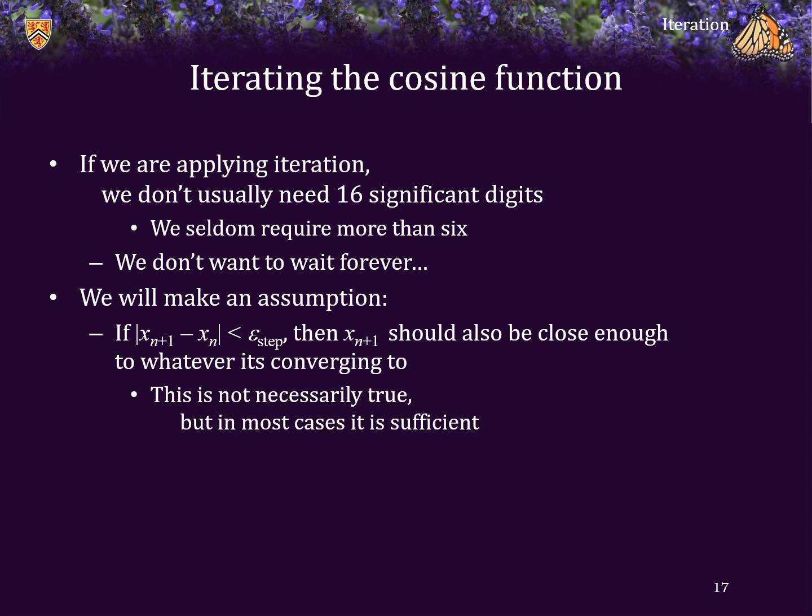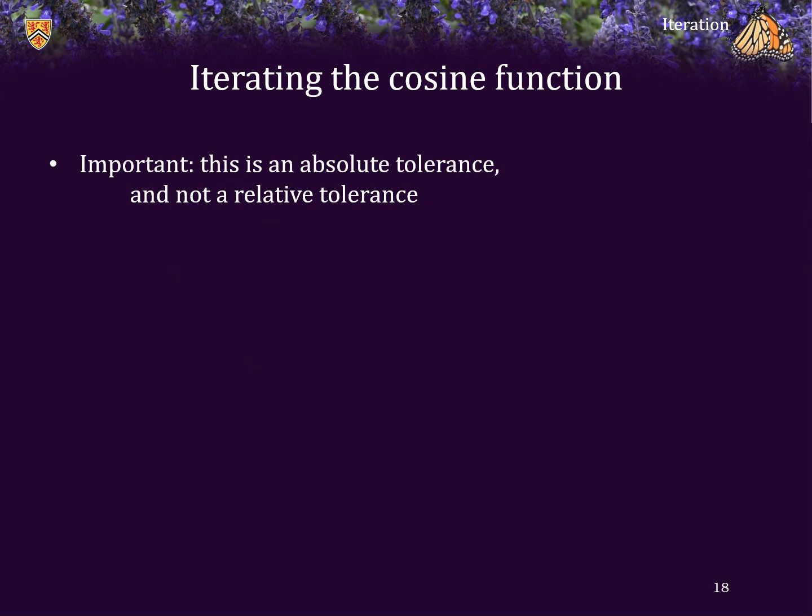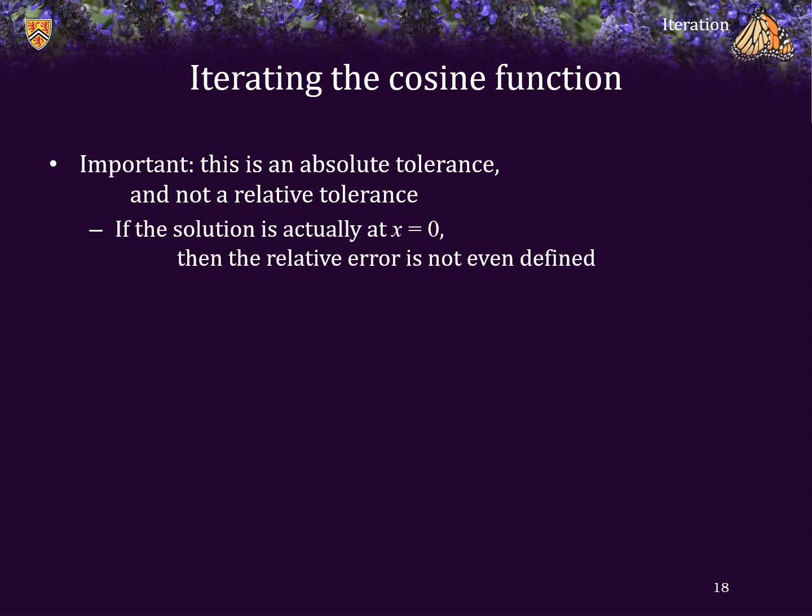Now, unfortunately, this is not necessarily true, and mathematicians can always come up with a function for which this fails. But for most engineering cases, this is sufficient. Now, this parameter that we're passing, the step tolerance, is an absolute tolerance and not a relative tolerance. For example, we don't even know if the solution is non-zero.